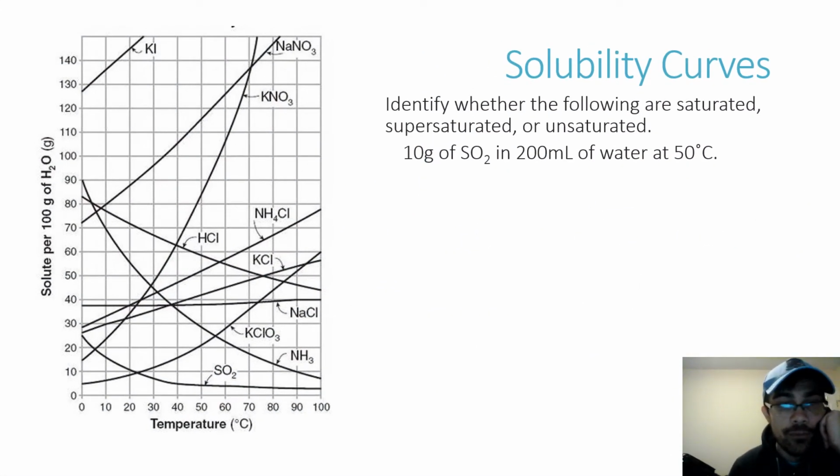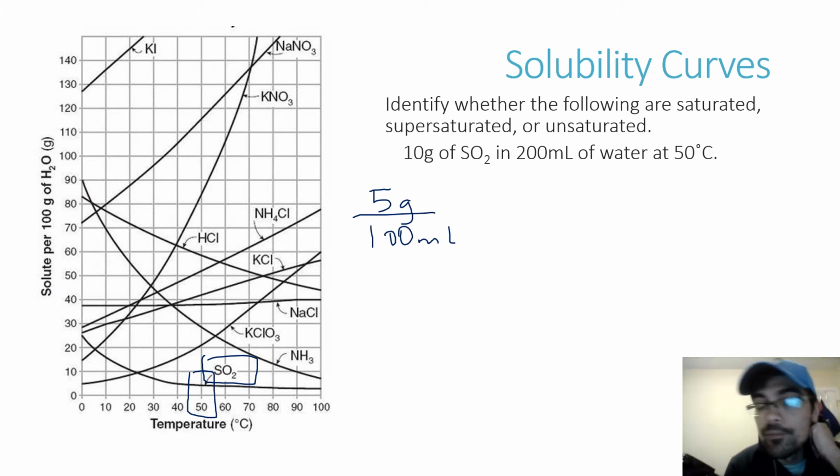All right, for the third example, again, same thing: saturated, supersaturated, unsaturated. This time we have 10 grams of sulfur dioxide in 200 milliliters of water at 50 degrees. Here's our sulfur dioxide, and here's 50 degrees Celsius. If you link it up with the chart on the y-axis, you would see that about 5 grams per every 100 milliliters can dissolve.